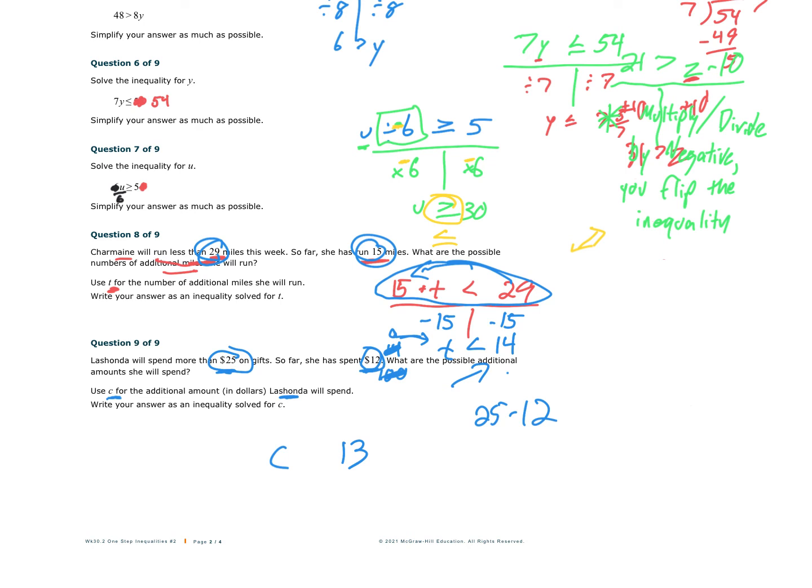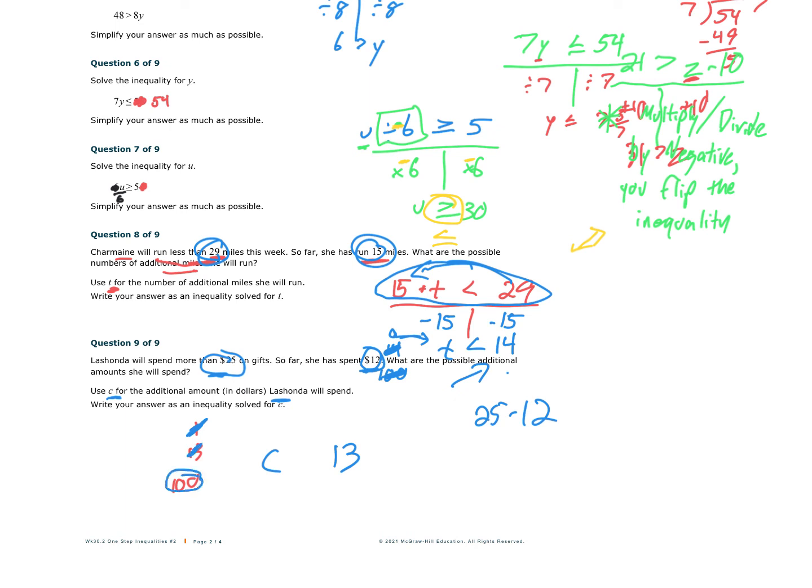Okay, let's guess and check. So let's see, 13, let's try $1, and let's try $100. Is she allowed to spend just $1? She's going to spend more than 25? No, that doesn't make sense. Could she spend exactly 13? No, because she's going to spend more than 25. Could she spend 100?